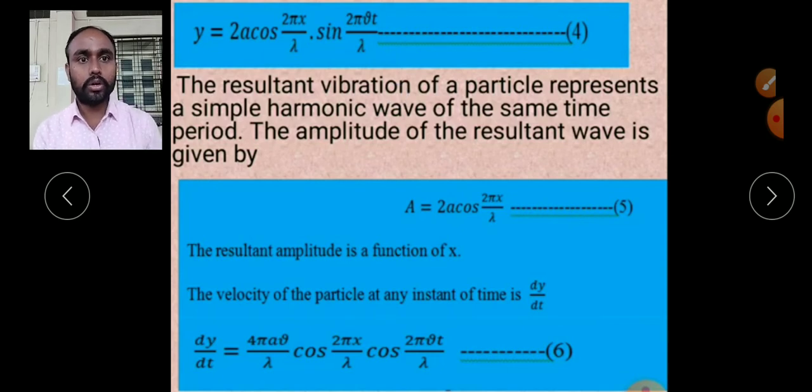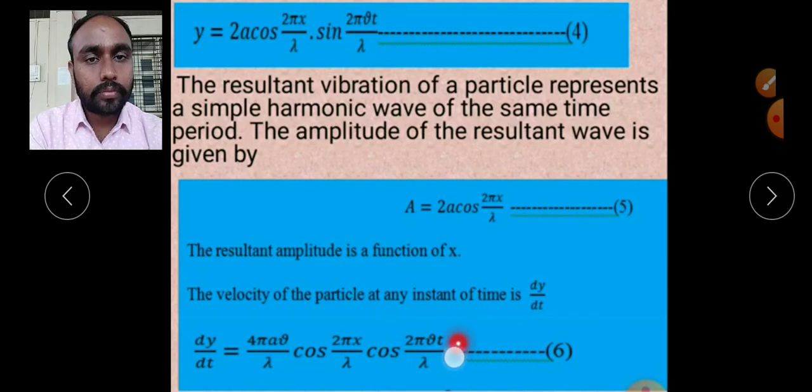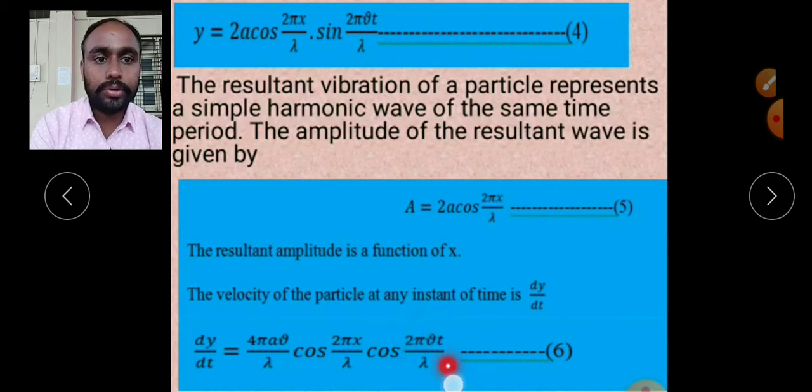Taking the derivative of sine with respect to time, the derivative of sine is cos, so we write cos 2 pi Vt by lambda. But again, by the chain rule we have to take the derivative of the factor 2 pi Vt by lambda, and in that 2 pi V by lambda is constant and the derivative of t with respect to t is 1.